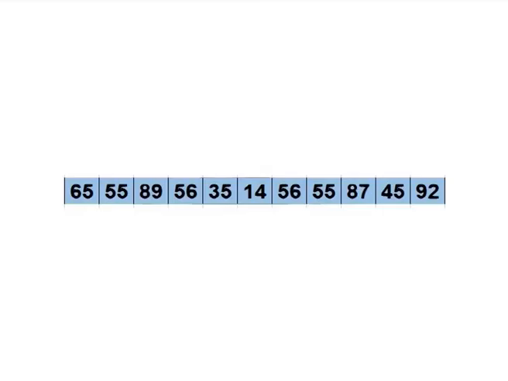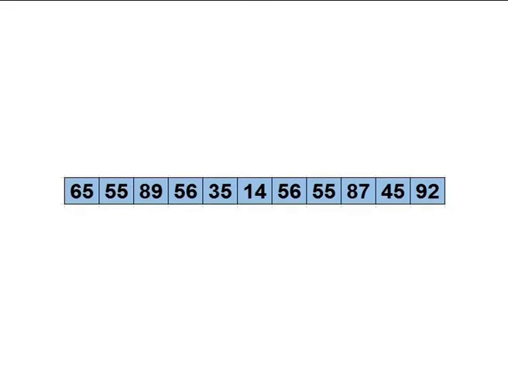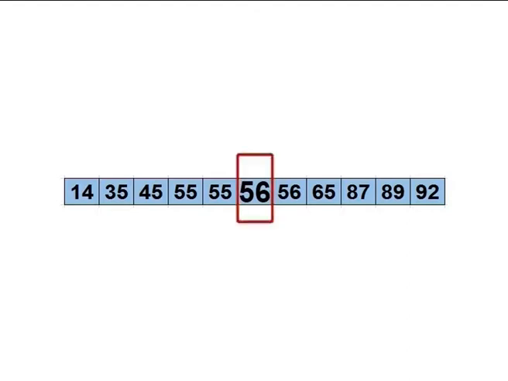In order to calculate the median, suppose we have the data as shown on the screen. We first need to rearrange the data into order of magnitude, starting with the smallest first. Our median mark is the middle mark. In this case, 56, as highlighted in bold, is the median value.